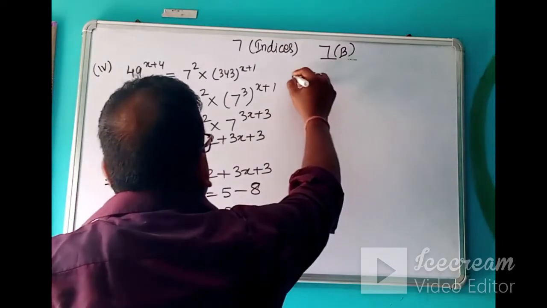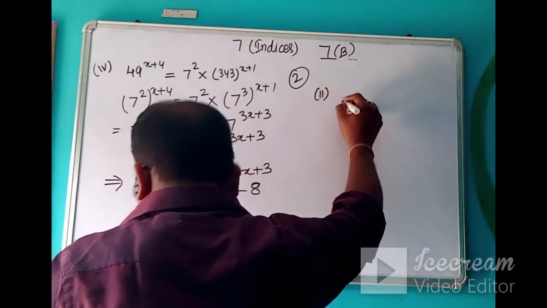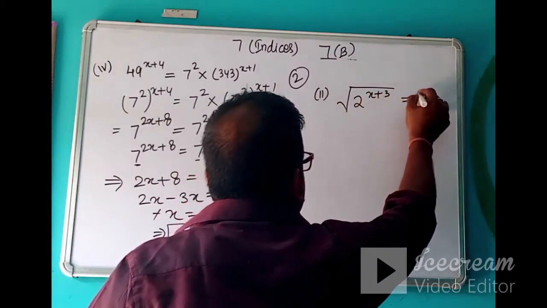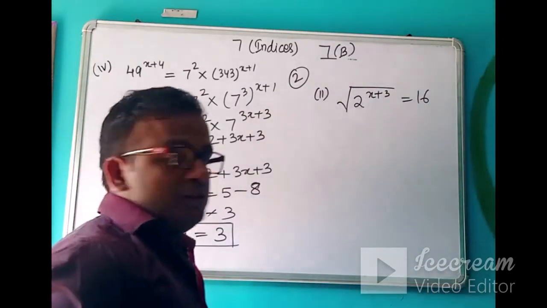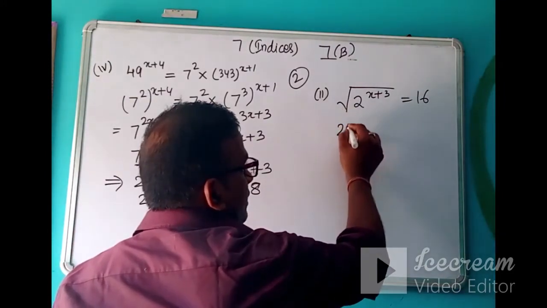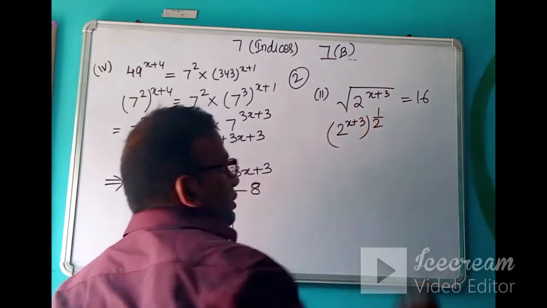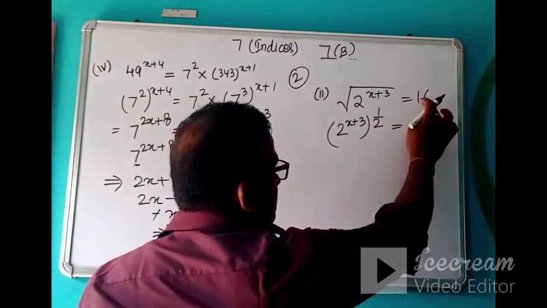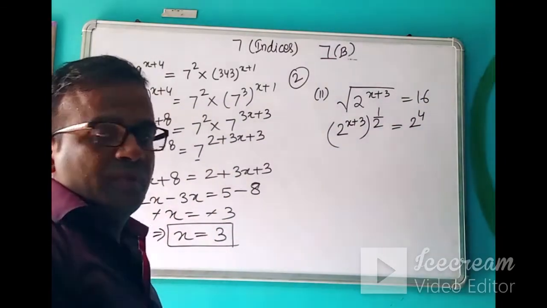Now let's see a few other types, like in question number 2. So what we will do first, see this is a sign of root, so we can write it like this. Every square root sign we will replace with the power 1 by 2, and this 16 we will write like 2 to the power 4.